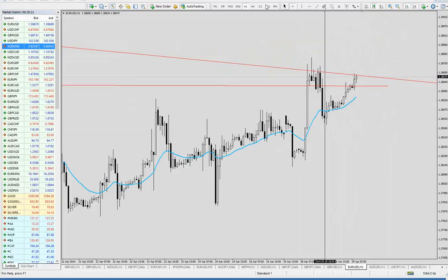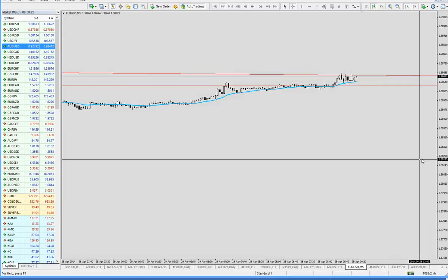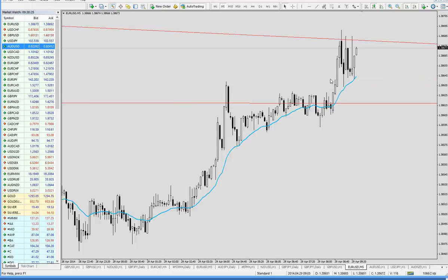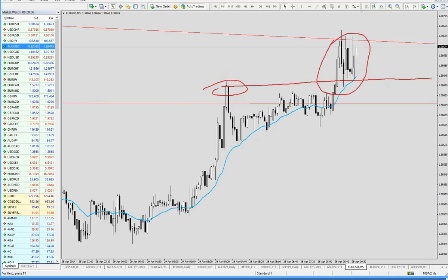And let's see what's going to happen. Okay, looks like that's supply. That's the tiny level tested here. Let's see what's going to happen.